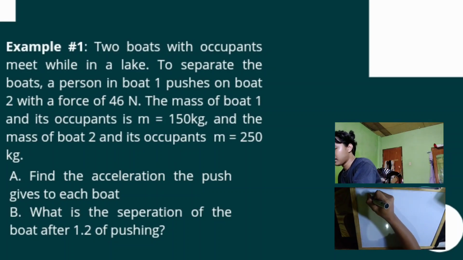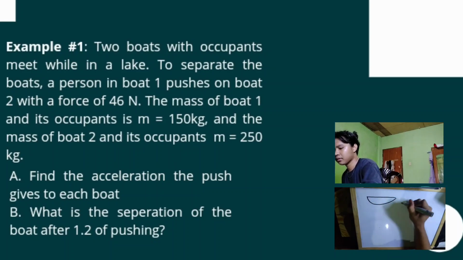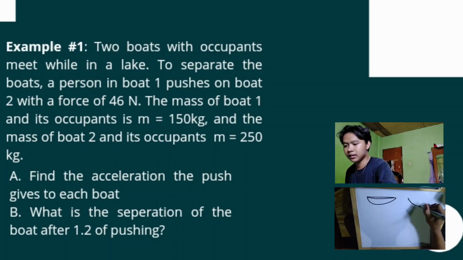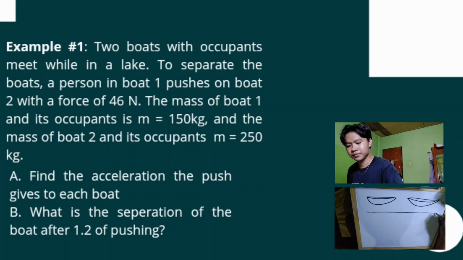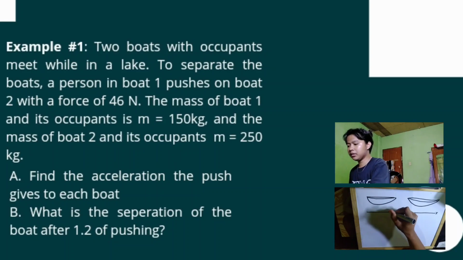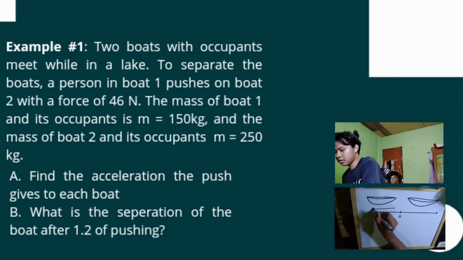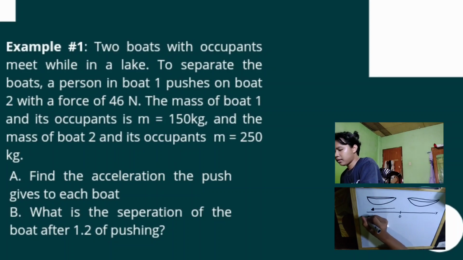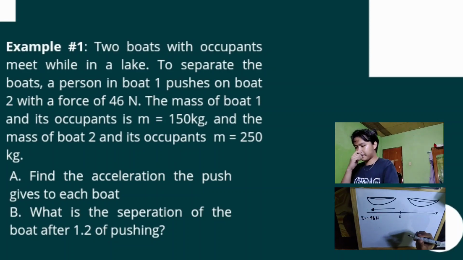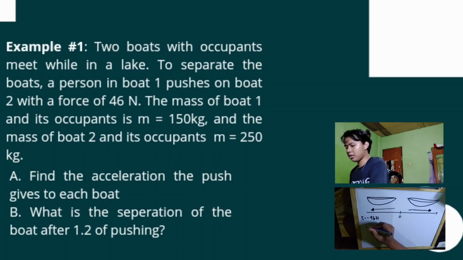So here is boat 1, and here is boat 2. In this, boat 1 goes to the left with a value of negative 46 Newton, while boat 2 goes to the right with a value of 46 Newton.